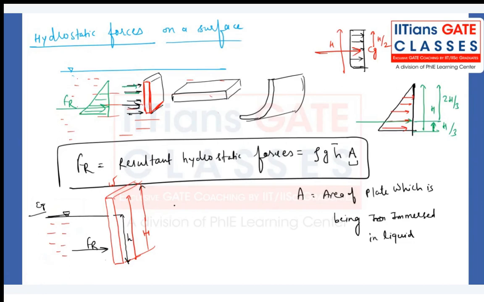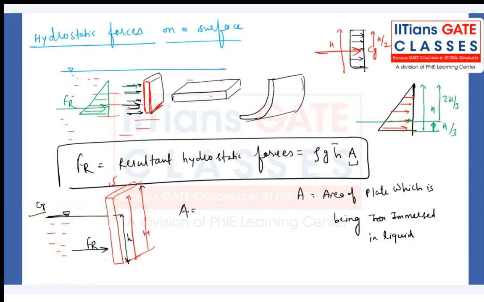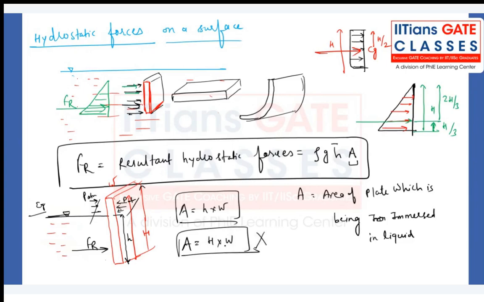Now forget about the resultant force, I am just calculating the area. See, guys, the wetted area is small h into width. If you are thinking the total height is subjected to pressure, here it is subjected to what? P atm. Here also P atm. There is no liquid column, so that will cancel out. So if you are thinking the area should be capital H into W, that is wrong. Make a note of it.